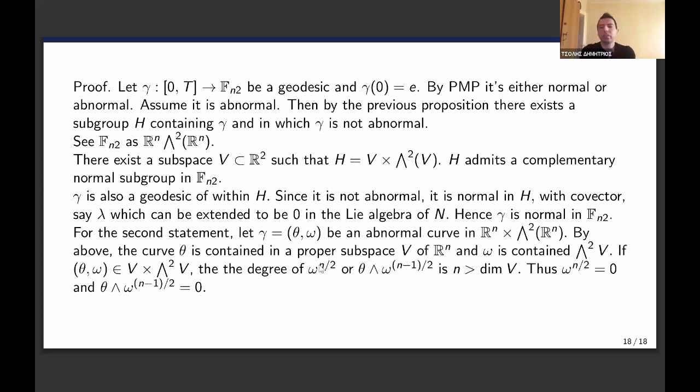Well, the reason is because when you wedge more independent vectors than the dimension, then this would force them to be 0, right? And here we have more than the dimension because we have this property here. The dimension is less than n, and here we have n vectors, so this will force them to be 0. So this proves that both of these forms are 0, and this is exactly the algebraic set that we want. This is a set where this is 0 and this is 0.